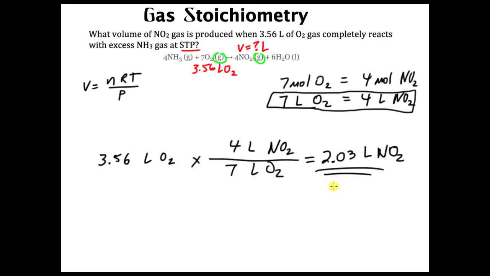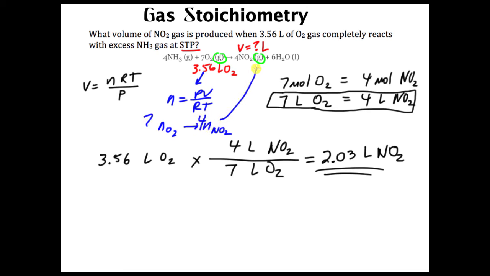Now, if you want to prove that this is going to work, you could use PV equals nRT to solve for the moles. Moles are equal to pressure, volume, R, and T. When you get that number of moles of oxygen, then you can convert to the moles of nitrogen dioxide, which is where you get the 7 and the 4.